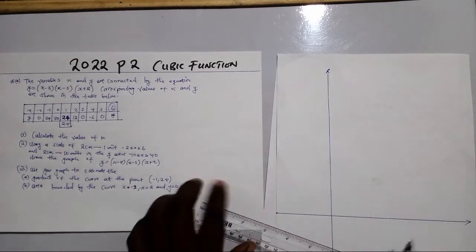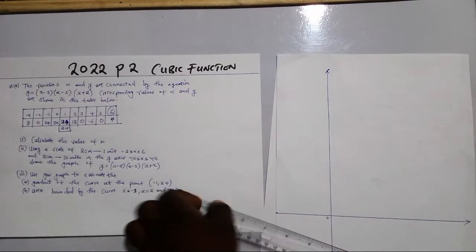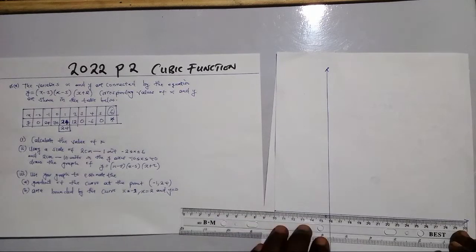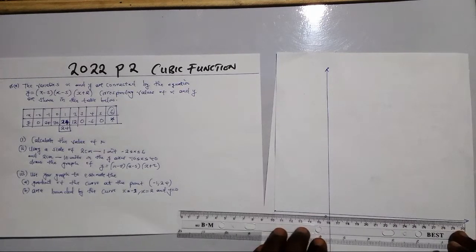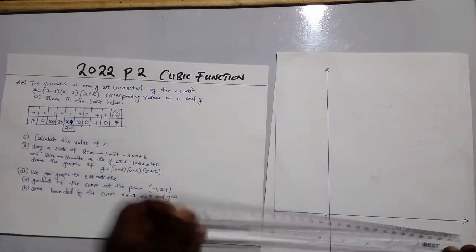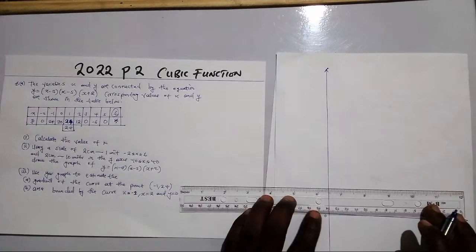If you draw the graph, this is O. So we are going to take our ruler. Because here I'm just using the ruler, I'll mark 2 centimeters using the ruler, because graph paper is already marked.